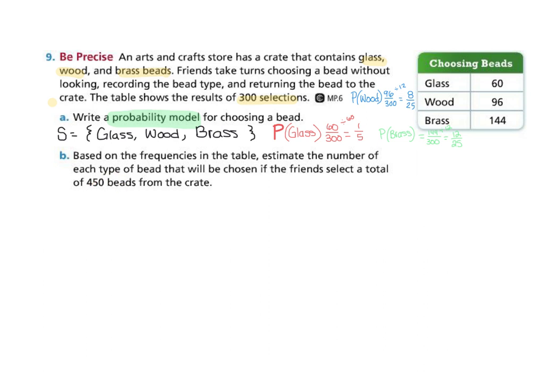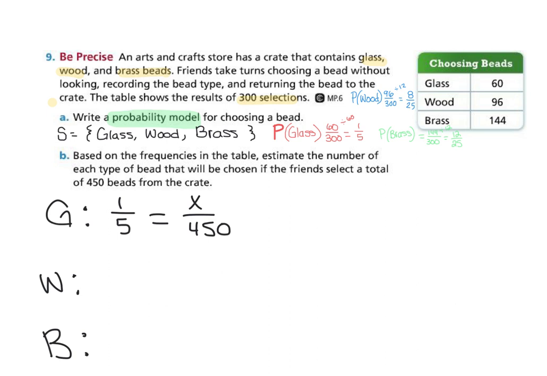All right, well, we're doing something more than once, therefore we will need 2 fractions, and we're going to need to do that for glass. I'm going to use the G. We'll need to do it for the wood and also the brass. So first you're going to need the glass's theoretical probability, which we found at the top up here to be 1/5 when reduced. So 1/5 equals x over 450, and you will need to butterfly.